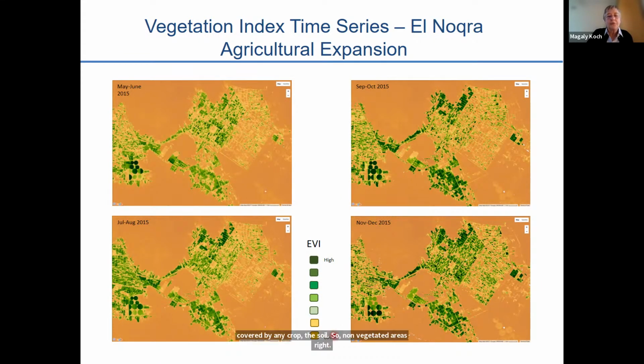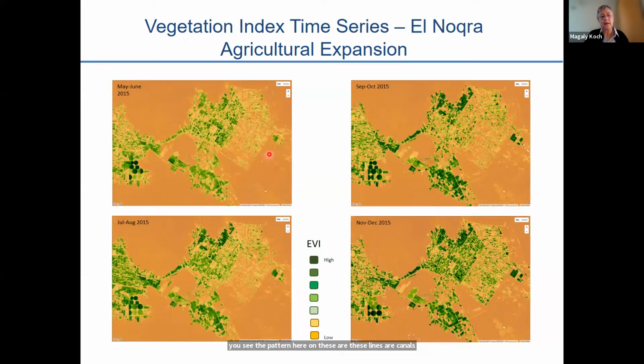So if we observe the growing season, first of all, you see the pattern here. These lines are canals. Again, the area needs water brought from the Nile to these areas in the desert. And you see that the farmers do have a schedule for how they plant the crops.